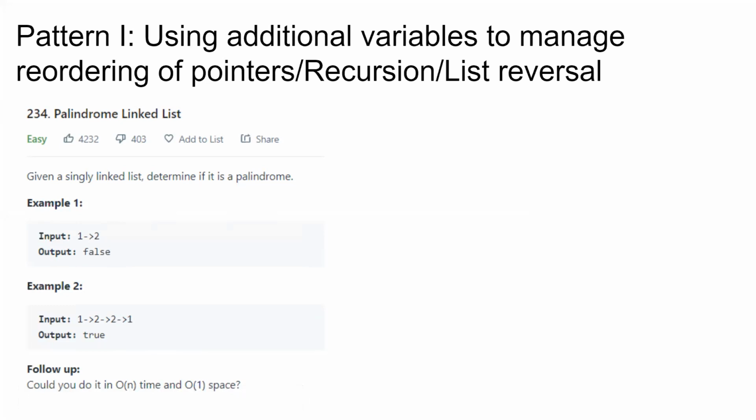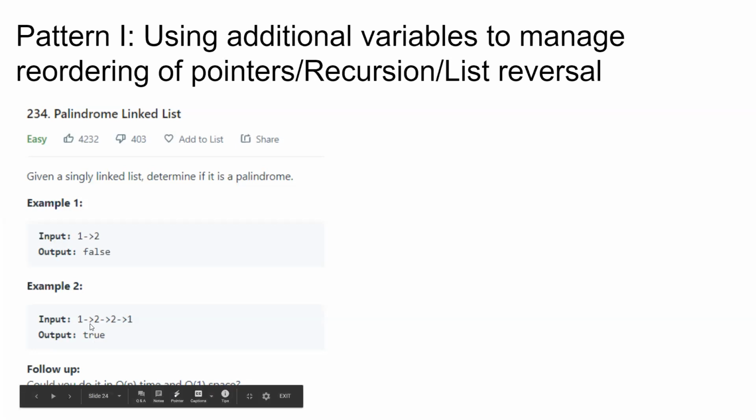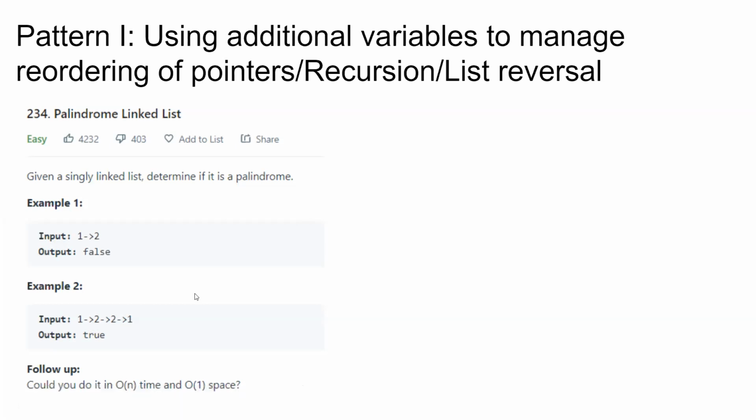So the solution that you came up with, Shashank, is a good one, but what is the intuition behind it? We have to catch that. The way I thought about this was it's a palindrome thing, so the front and end have to match.